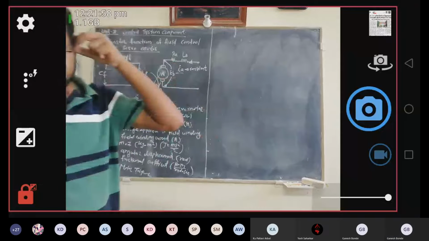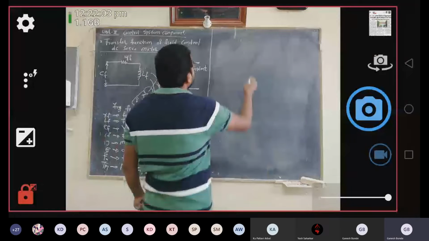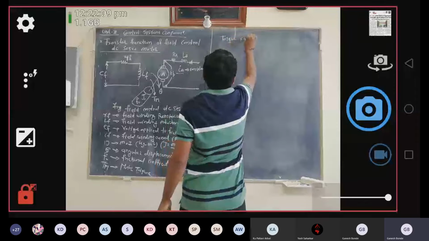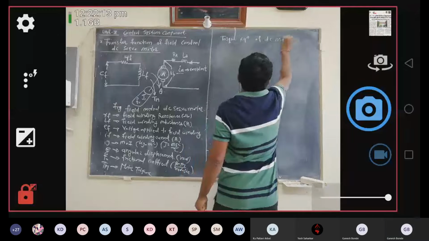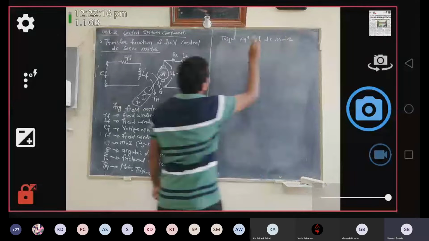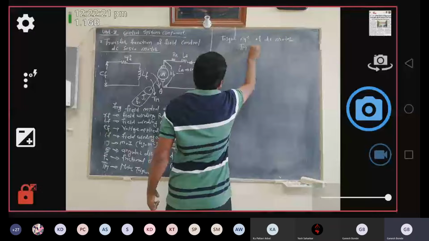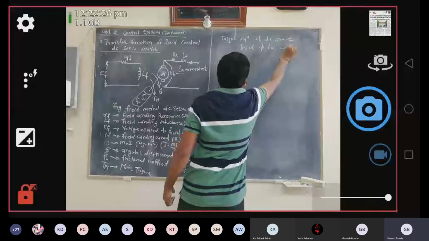So in general, we start with the torque equation of the DC motor. What is the torque equation? The torque Tm is directly proportional to phi times Ia. This is equation number 1.